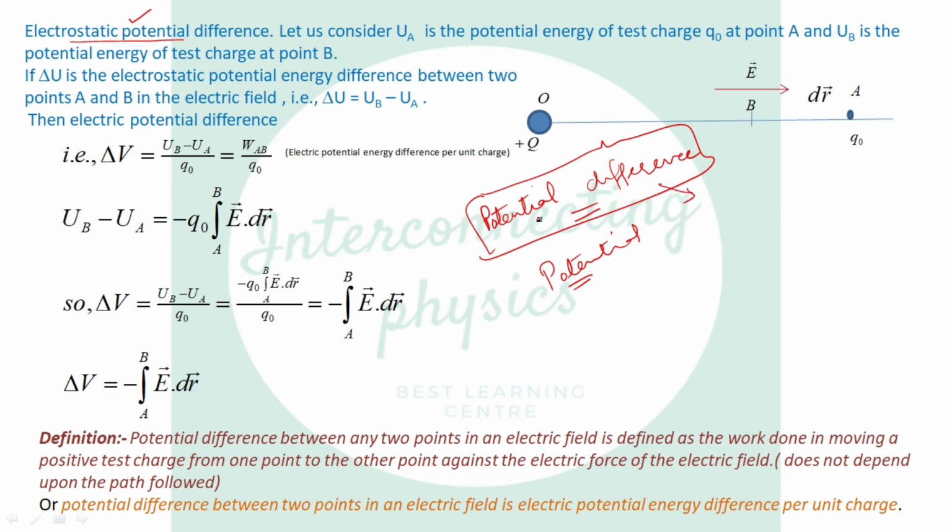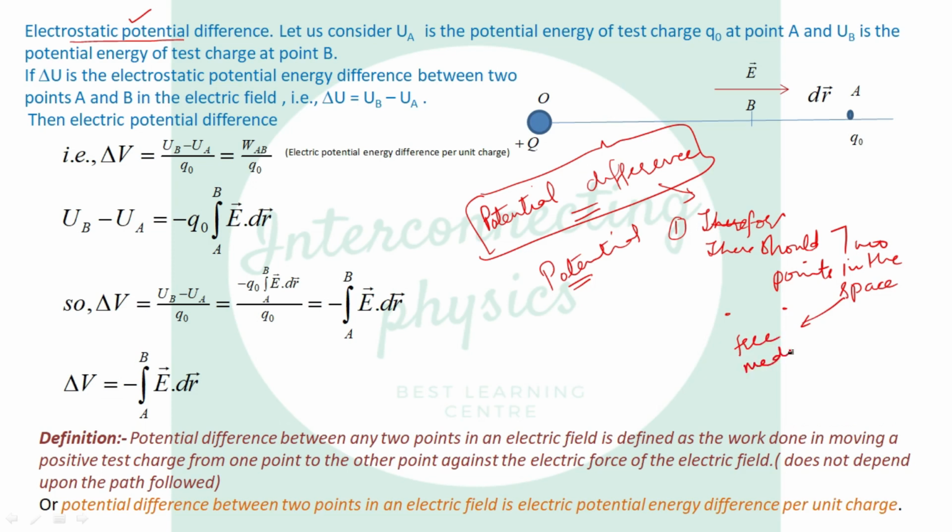And to calculate the potential difference, we should have some things. Number 1, there should be at least 2 points in the space, and that space may be free space or any medium.